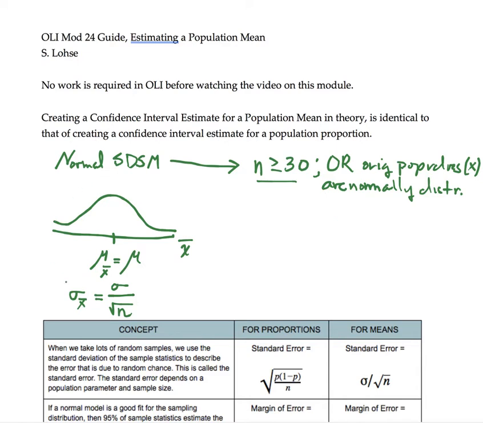Now, this is the normal sampling distribution that has to start. But when we create a confidence interval, we're always making that estimate based off of our sample. So we're putting our particular sample mean right at the center. And so we've moved our curve, maybe left, maybe right, maybe a little, maybe a lot.